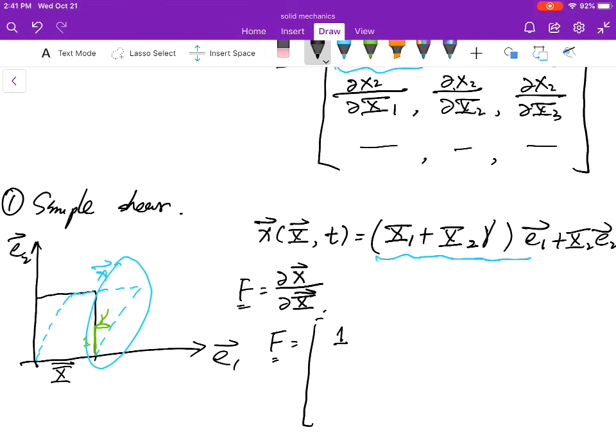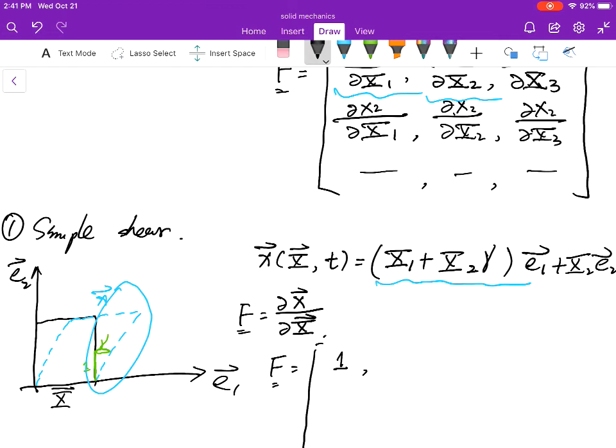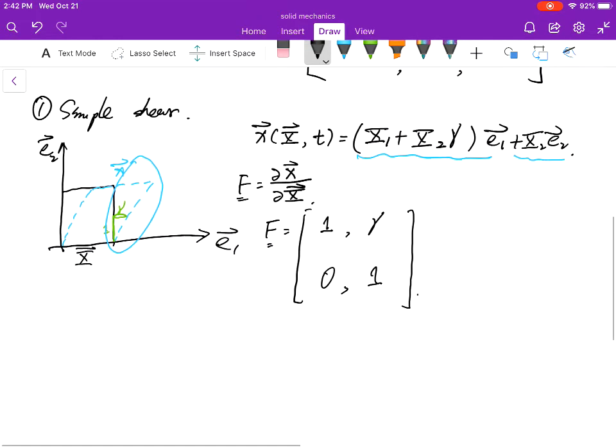Then the second term, x1 over uppercase X2, becomes gamma. Then lowercase x2 over uppercase X1 is 0, and x2 over uppercase X2 is 1. So that's the deformation gradient tensor, 1 gamma, 0 1. Very simple, right? Now let's consider another case.